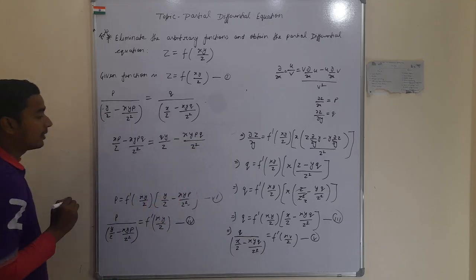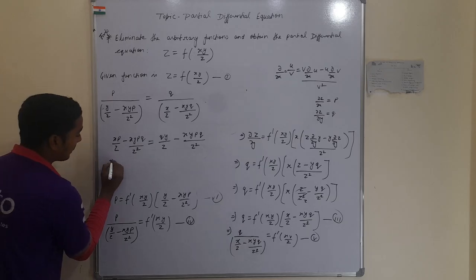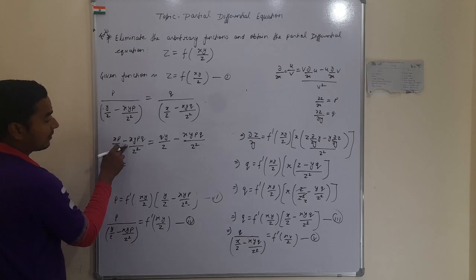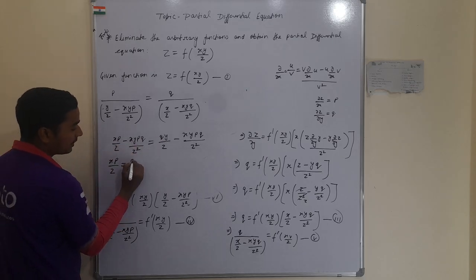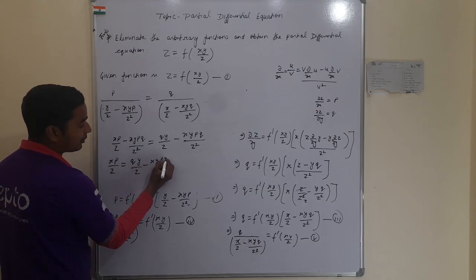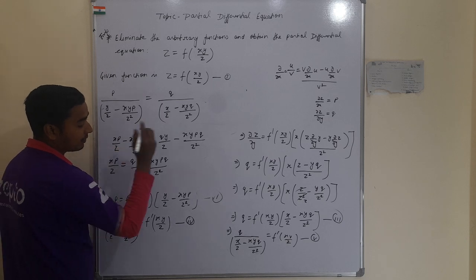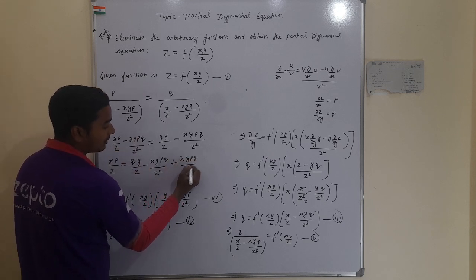Then xp upon z minus xy pq upon z square is equal to qy upon z minus xy pq upon z square; taking this term to the left hand side gives plus xy pq upon z square.